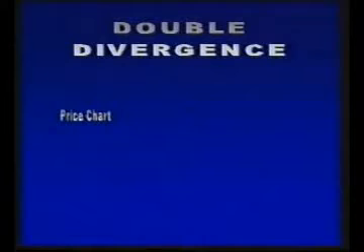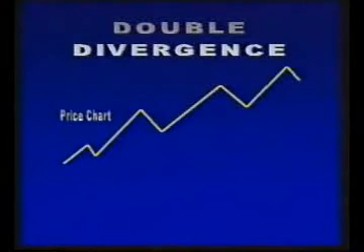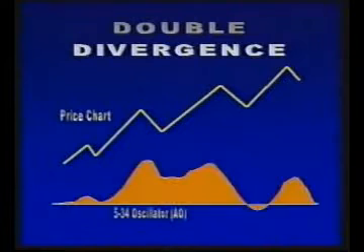Let's take a look at double divergence. We have a price chart here that's going up and down and up and down, and then we have the oscillator, the 534 awesome oscillator. We have a price at this point, and then we have a higher price. We have momentum at a high at this point, and at the second point it's less high. That's a divergence.